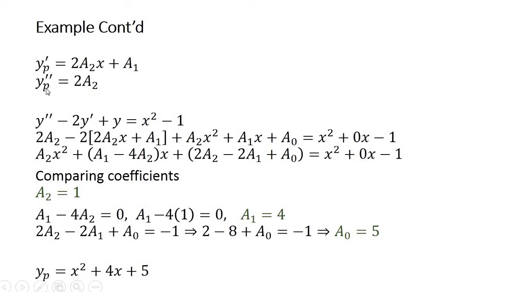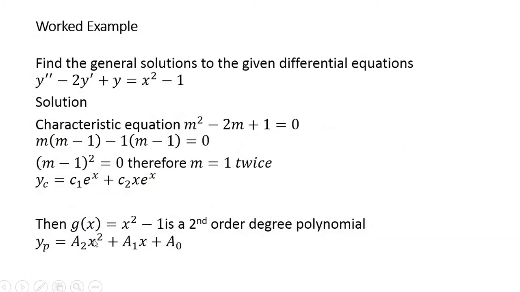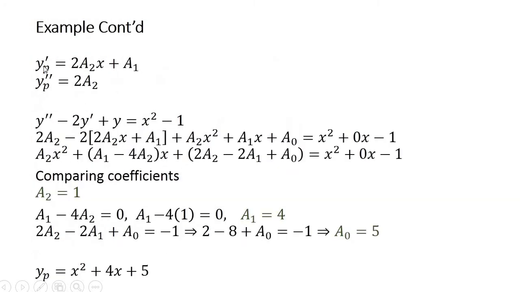Differentiating your particular solution, the 2 will drop to give you 2a2 x, then this one will give you a1, and this one will give you 0, so this gives you the first derivative. Differentiate again, you will get y double prime, and this one will be 2a2.